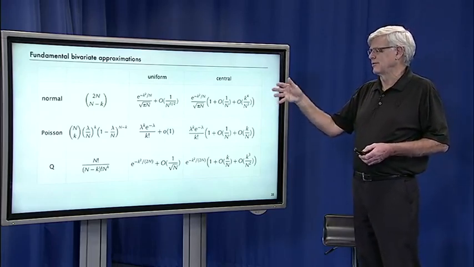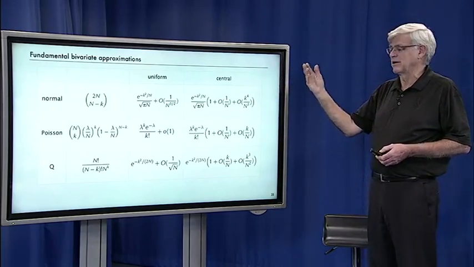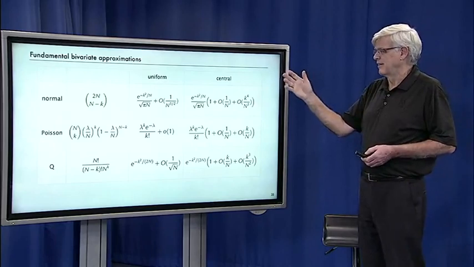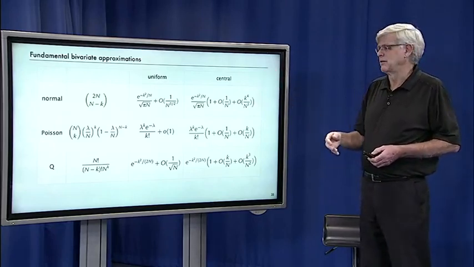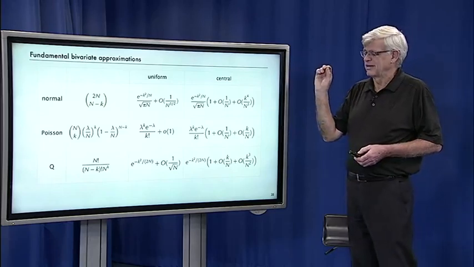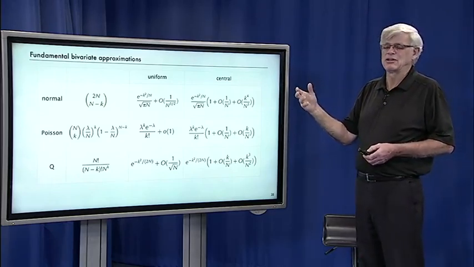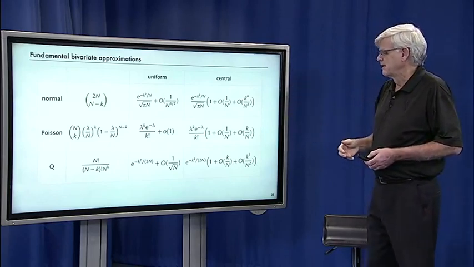It's far easier to work with the standard mathematical functions like e to the minus k squared over n than it is to work with the factorial representations, which are exact but carry a lot of information that make calculations difficult.